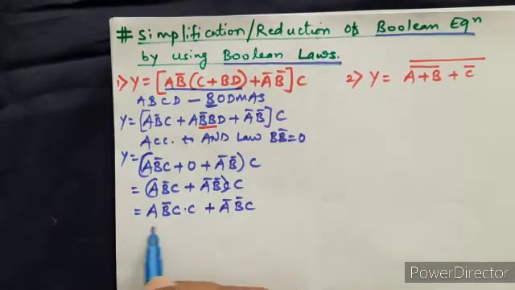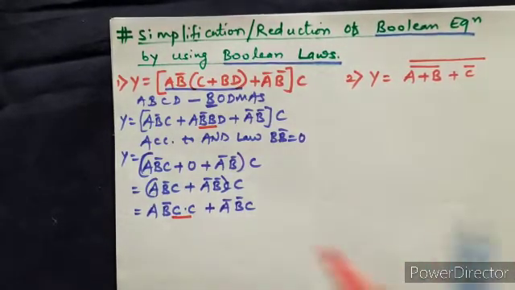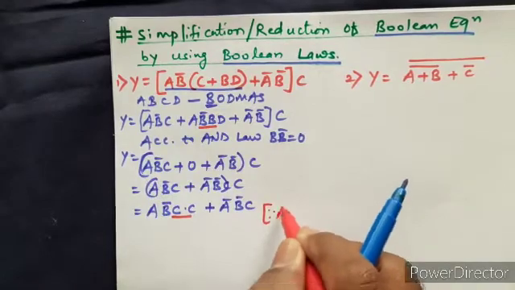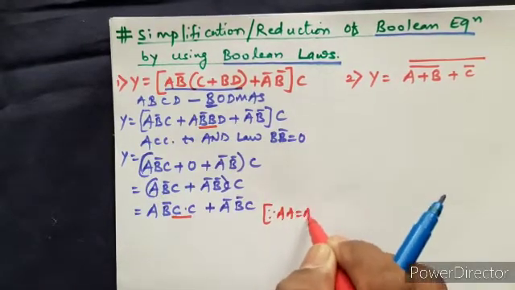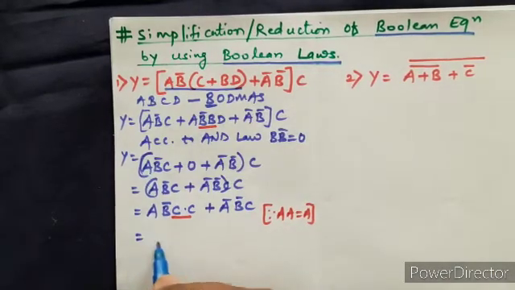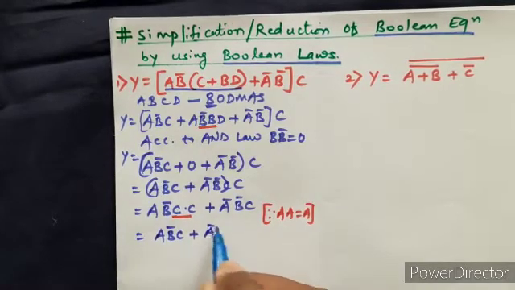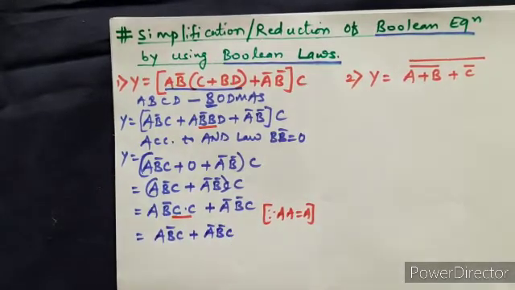Now again according to ANDing laws, since c dot c equals c, this becomes a b bar c plus a bar b bar c.